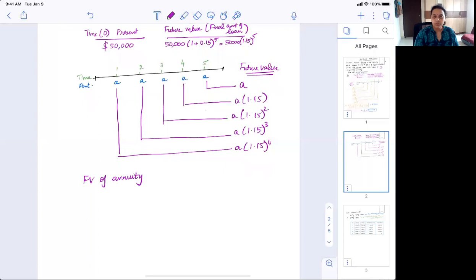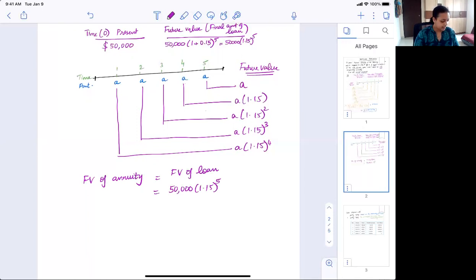Now, if I sum all of this, the future value of the annuity, what do I equate it to? Well, I'm going to equate it to the future value of the loan. And that is nothing but 50,000 into 1.15 to the power 5.